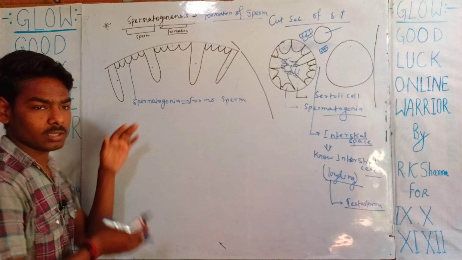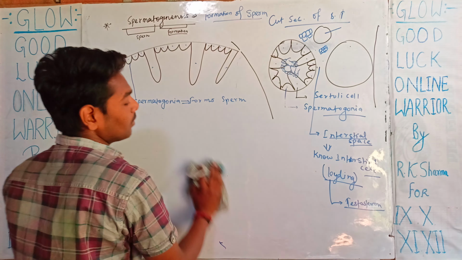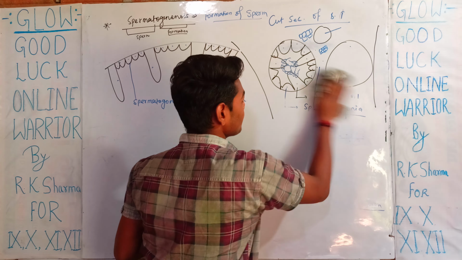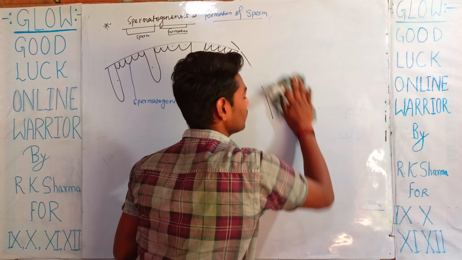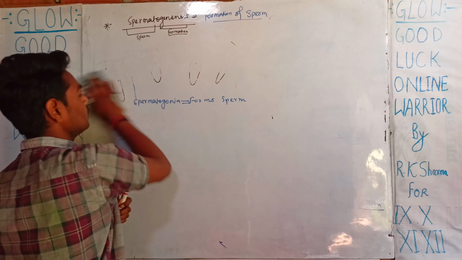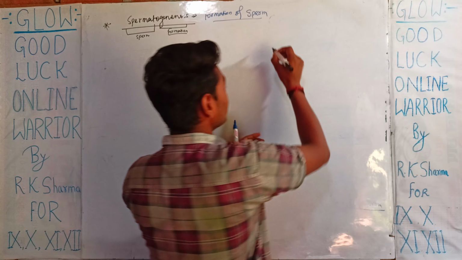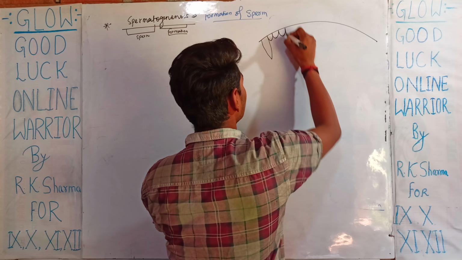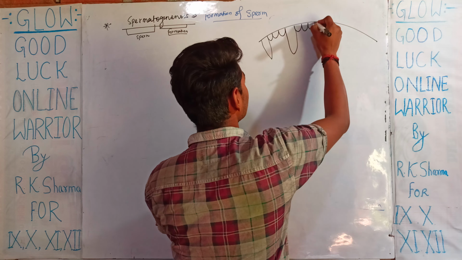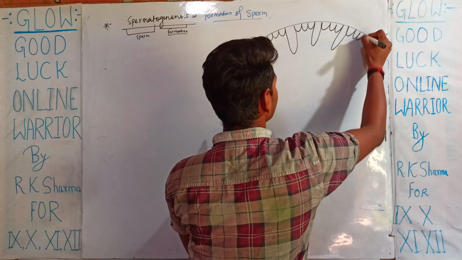It is a long process, so I'll erase the whole thing. Let me now make the columnar cell, spermatogonia, again columnar, spermatogonia, columnar, spermatogonia, columnar.